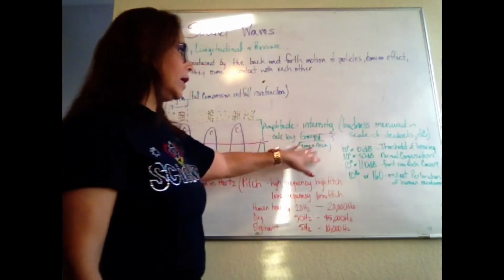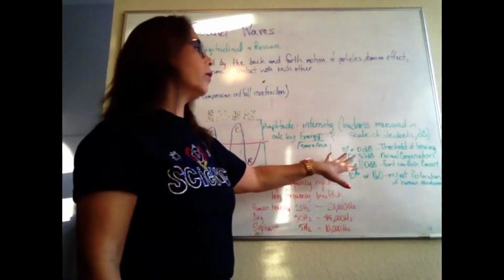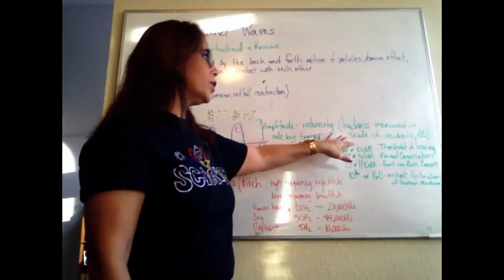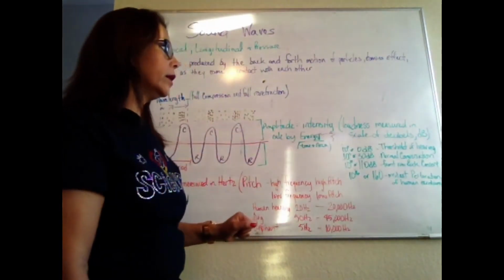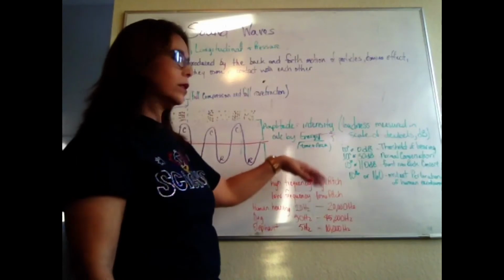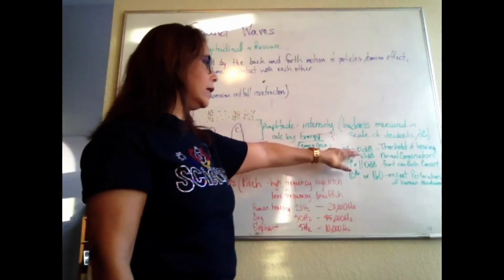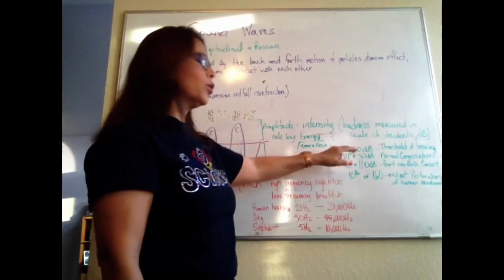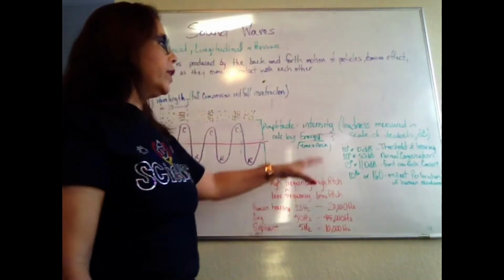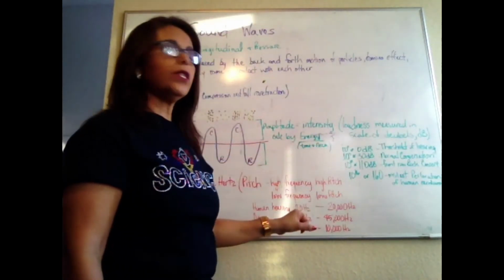Now, intensity in terms of human hearing, we measure in what we call the scale of decibels, with a lowercase d and a capital B as its symbol. The human threshold of hearing starts at 0 decibels, which really isn't zero. This scale is measured in powers of 10.